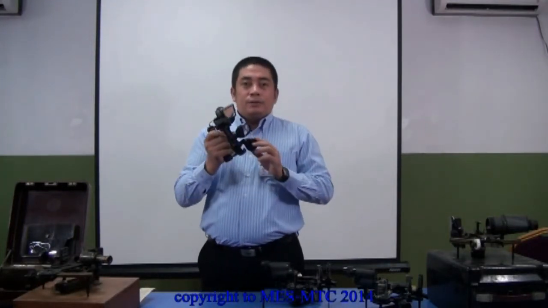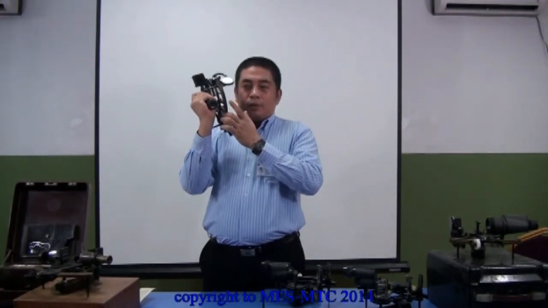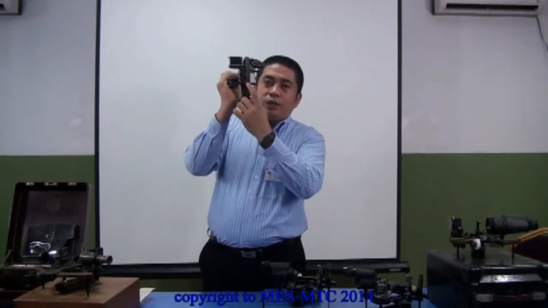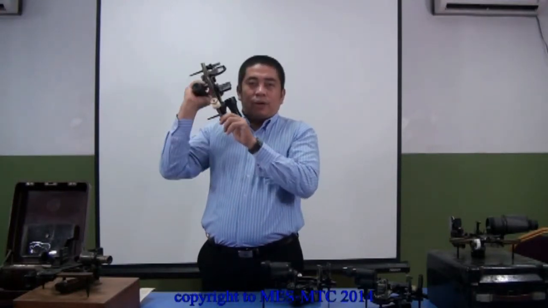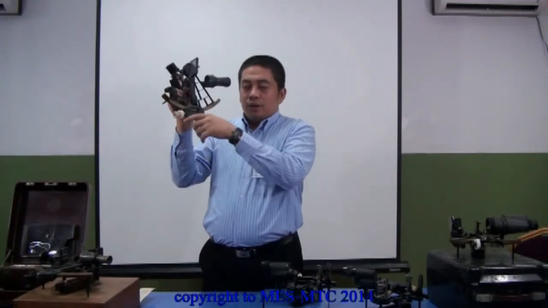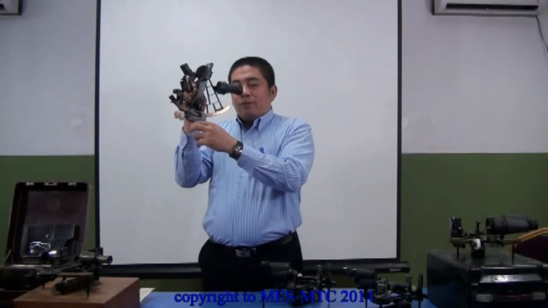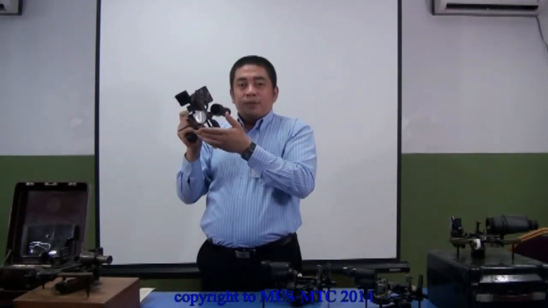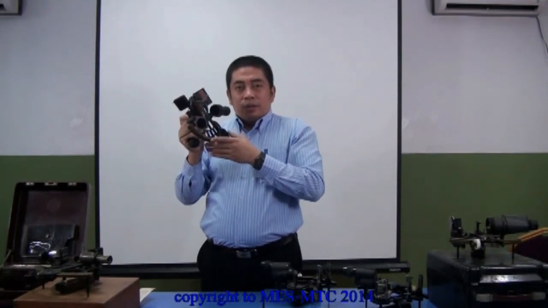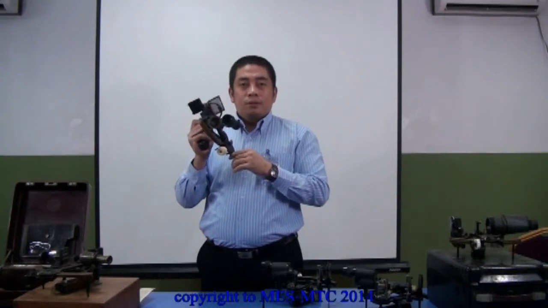Again, the other error is worm and rack error. Here you can see so many small racks, and the sextant is frequently used like this or like this again and again. After some time your racks become worn down, so the error is caused. This error is called worm and rack error.